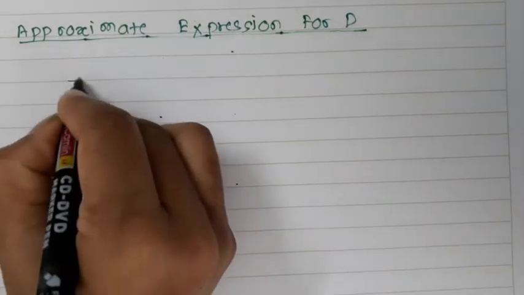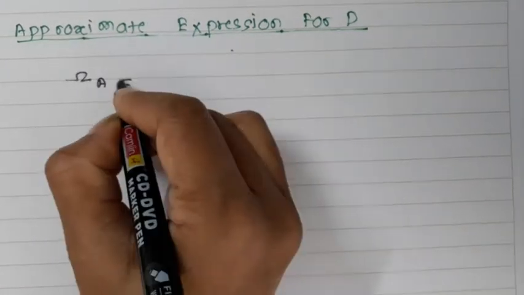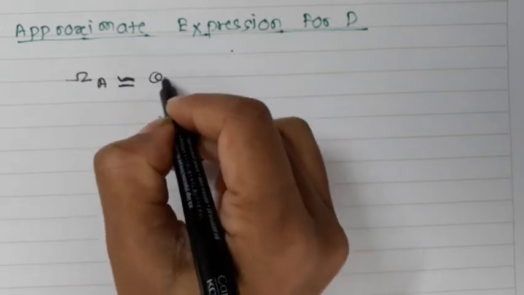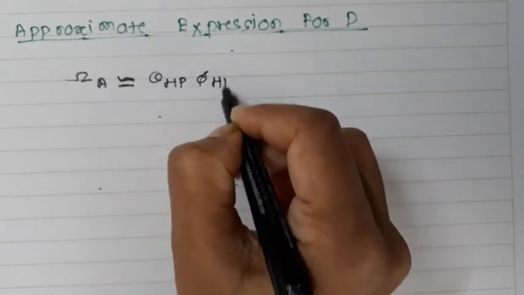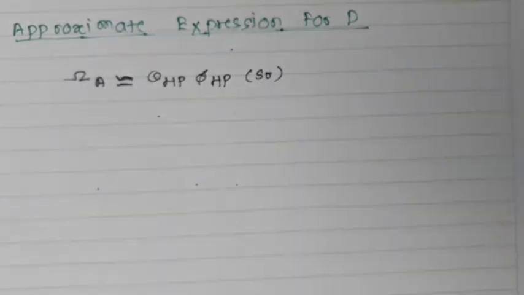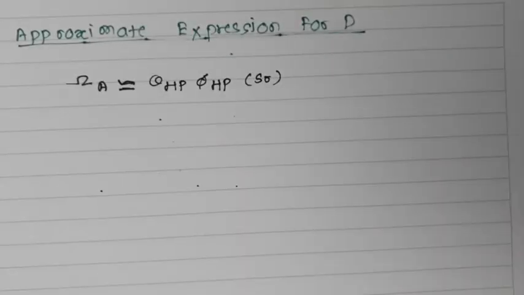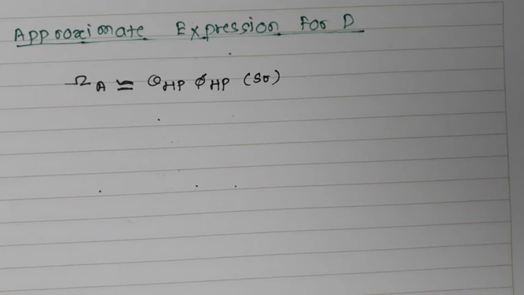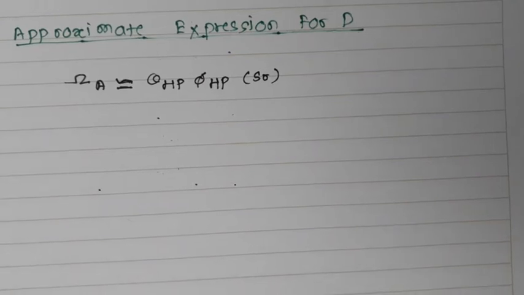Whatever we have seen till now gives the exact value of D. But if we know the half power beam widths in the principal planes, that is theta HP and phi HP, then the approximate value of beam area can be obtained. So the beam area will be calculated as theta HP times phi HP, in steradians. We have seen exact values of D, but here we are talking about the approximate values.